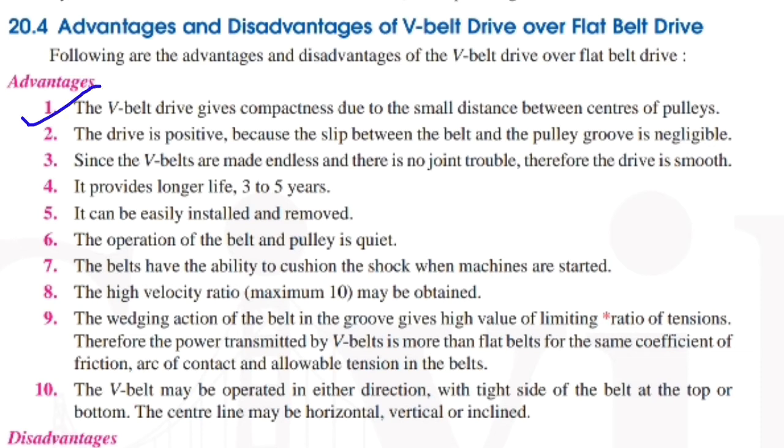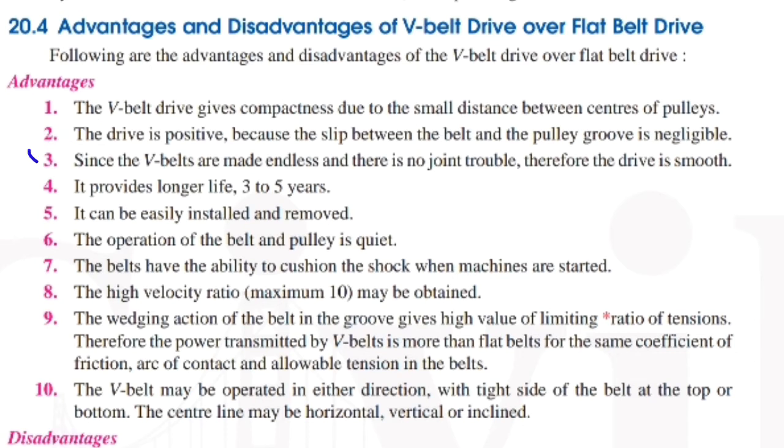The center distance between the pulleys is very small, so that's why they give compactness. The second one is that the drive is positive because the slip between the belt and the pulley groove is negligible. We already discussed that V belts are positive drives, because there is no possibility of slip compared to flat belts.